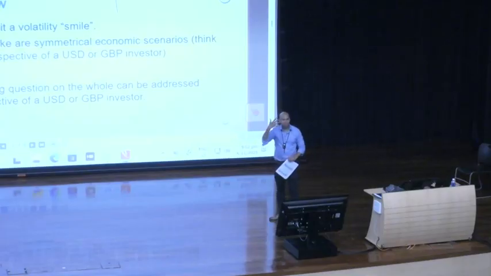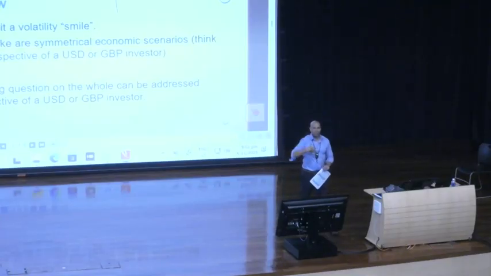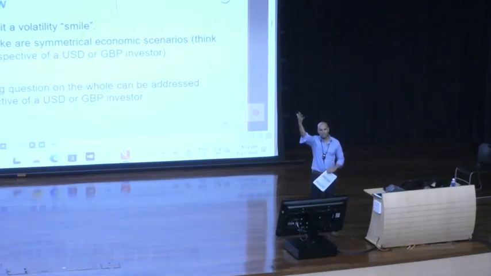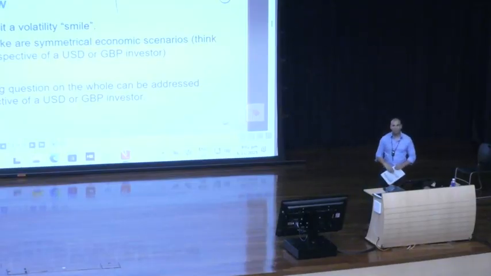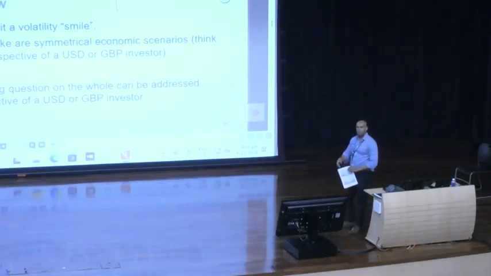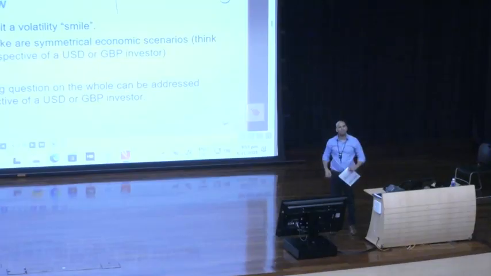More importantly than this, though, so far I've told you to imagine that we are dollar investors. We have this foreign currency, which is a piece of paper that has some dollar value. It's a £1 note. And we price an option on that derivative. The point is, we could turn the whole problem the other way around.